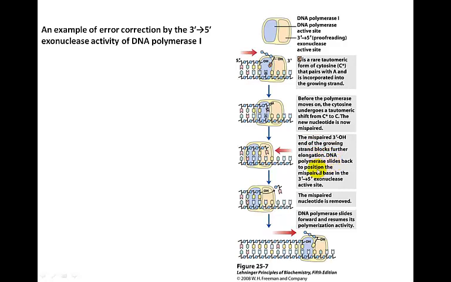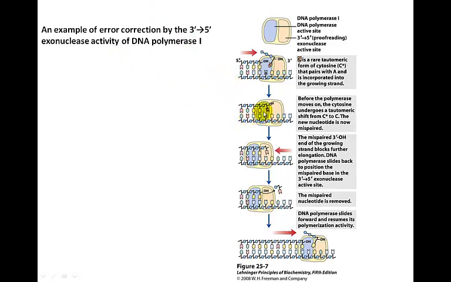DNA polymerase slides back to the position of the mismatched base pair, so it slides back one position, and now this mismatch is in the editing site rather than the polymerization site. The mispaired nucleotide is removed. The DNA polymerase slides forward and resumes its polymerization activity, and now we add the correct base. So the correct base is now between an A and a T rather than an A and a C. So that's 3' to 5' exonuclease.